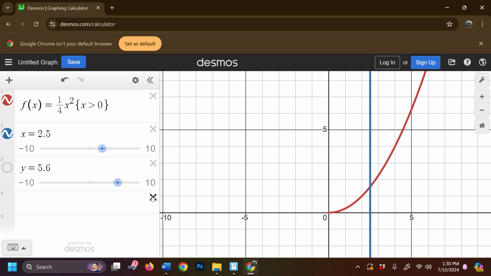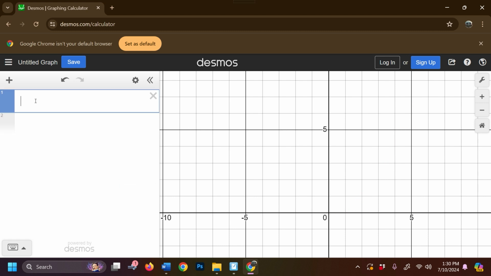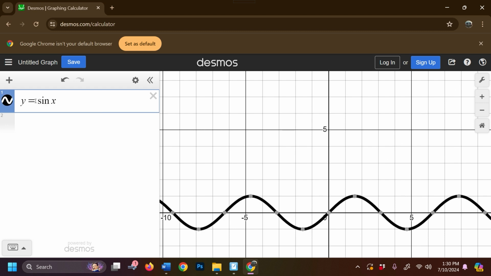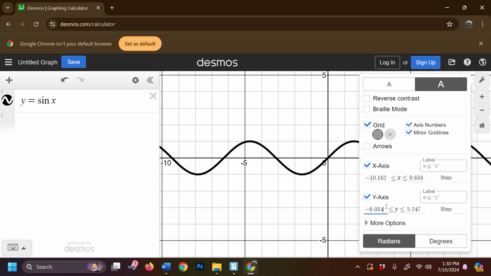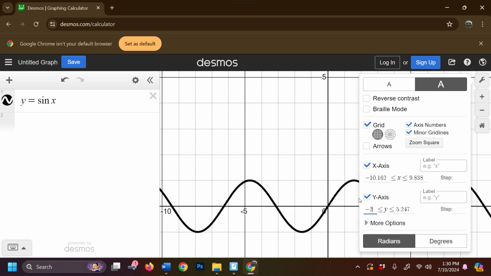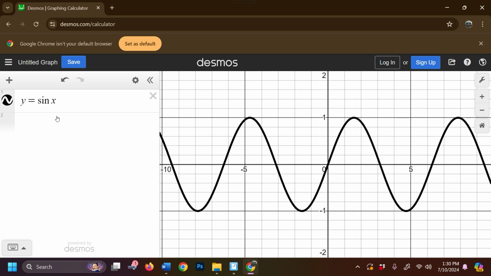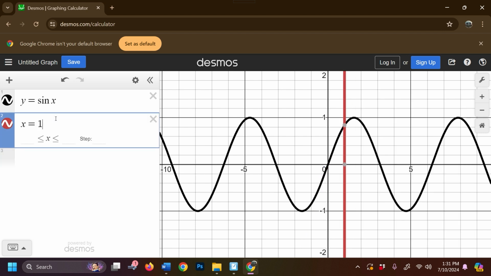So let's look at trig functions. If I go y equals sine x, and let's blow this up just a little bit, let's go from -2 to +2, and let's put back in that x equals 1.